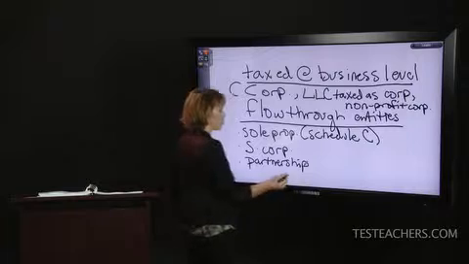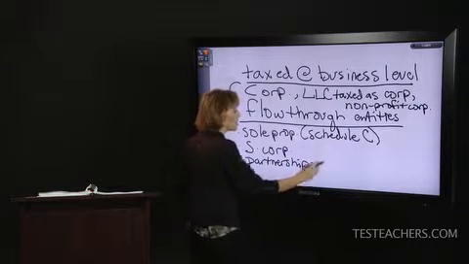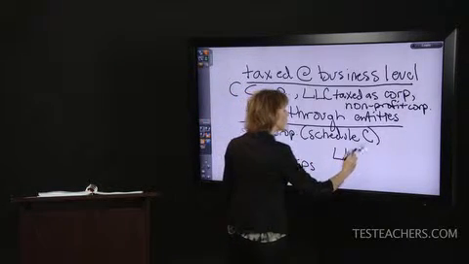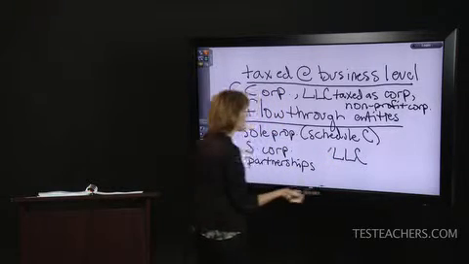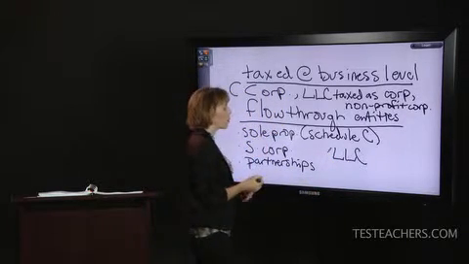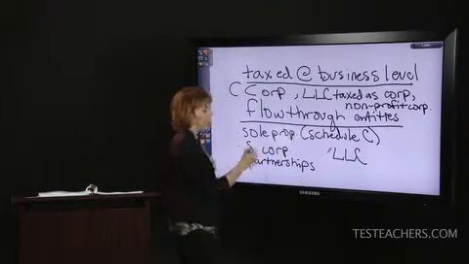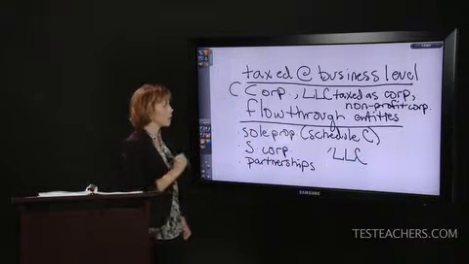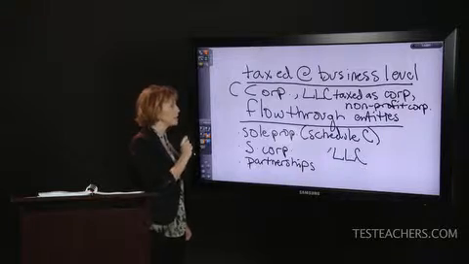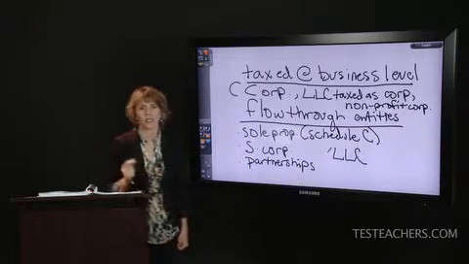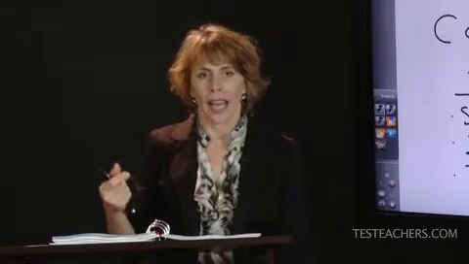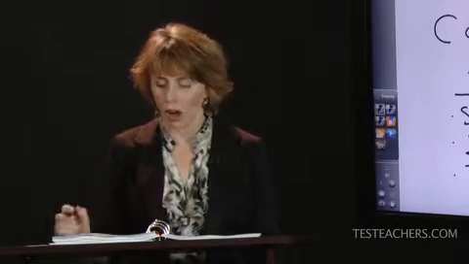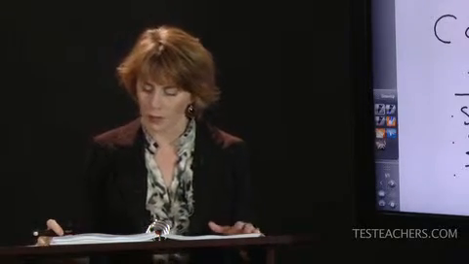So partnerships are flow-through tax entities, as are LLCs that are taxed either as a sole proprietorship or as a partnership. LLCs we'll talk more about as we go along. So tax at the business level or flow-through entities. I expect you will have at least a question on this topic.